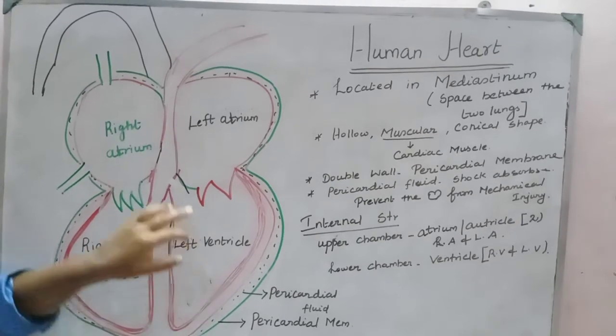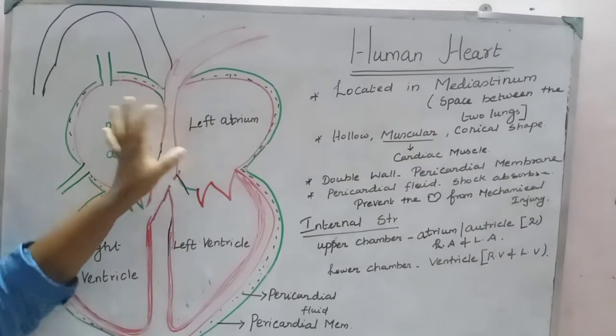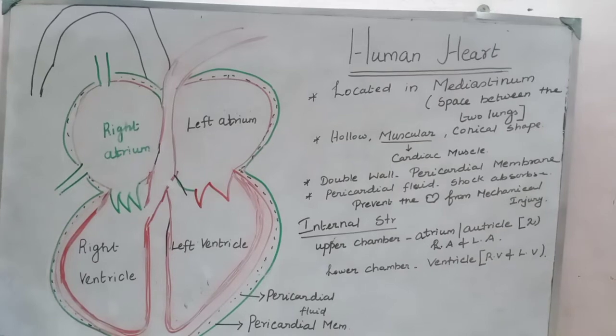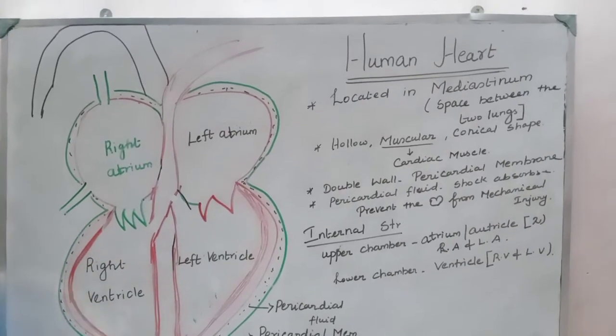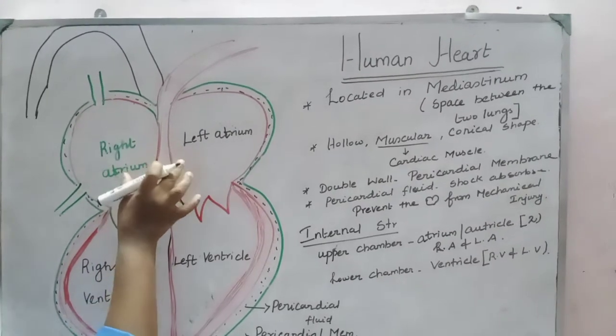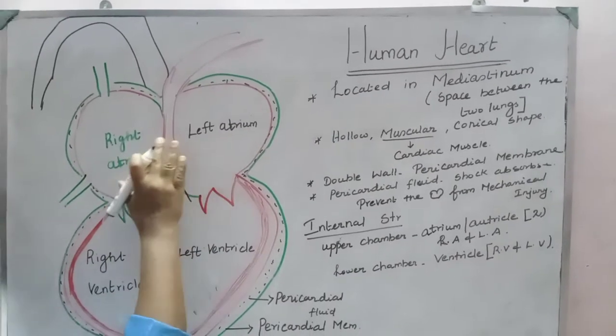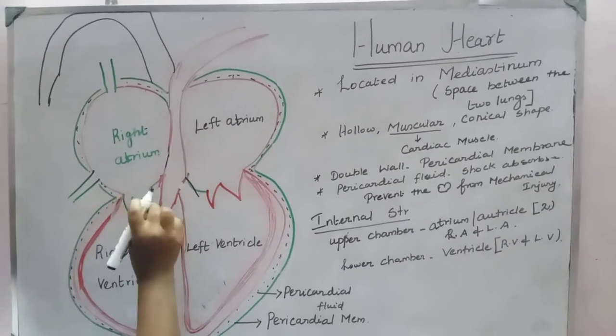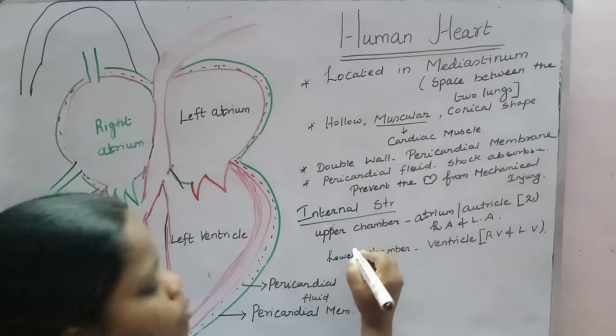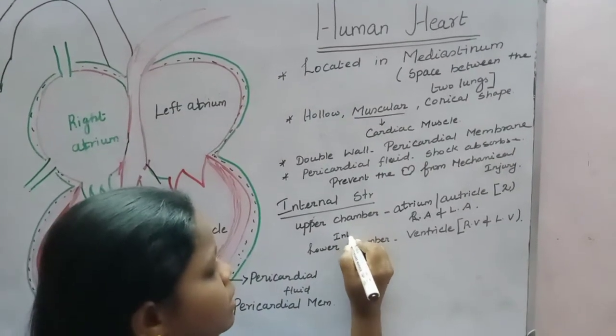Are you clear? The two atria are separated by the interauricular septum. These two atria do not mix together, right? They are separated by the interatrial septum.